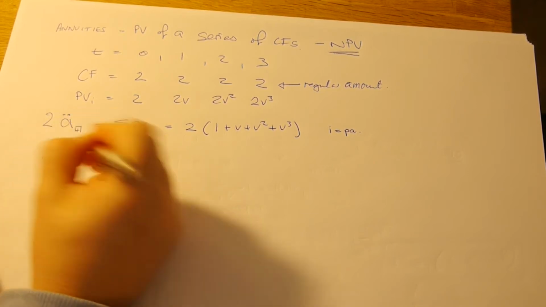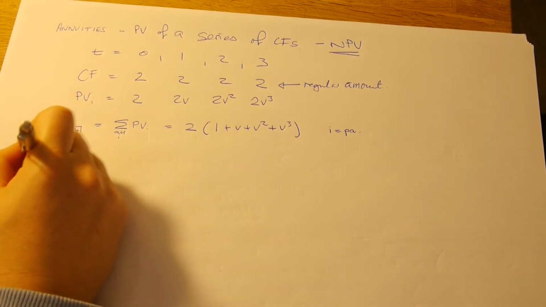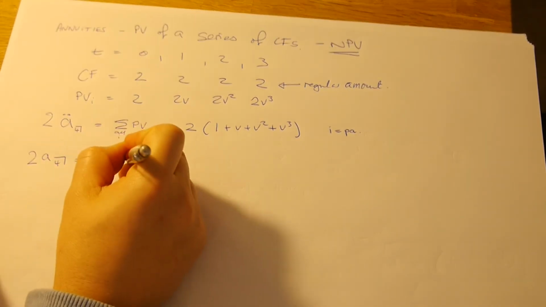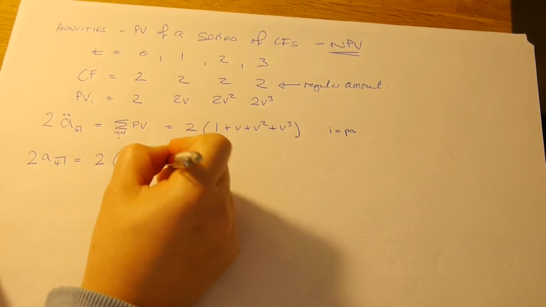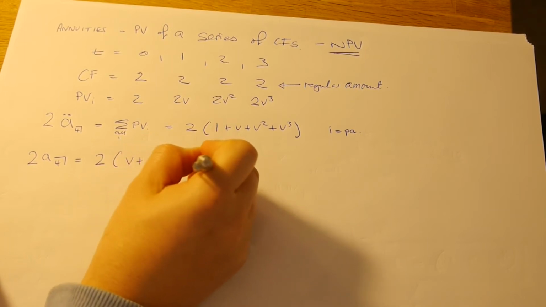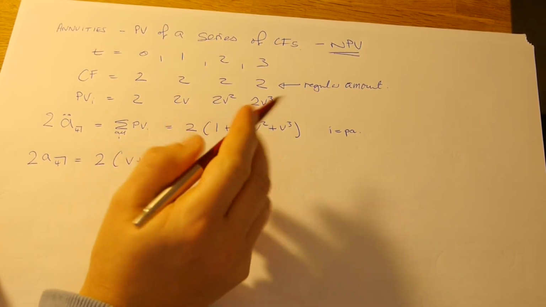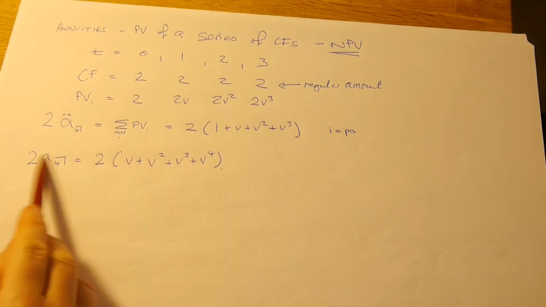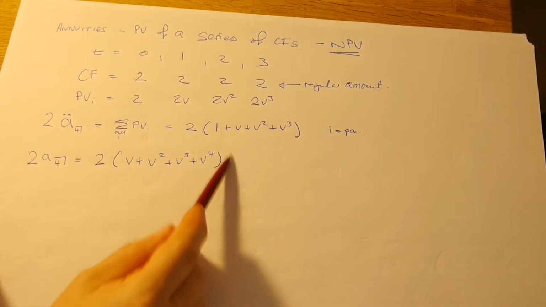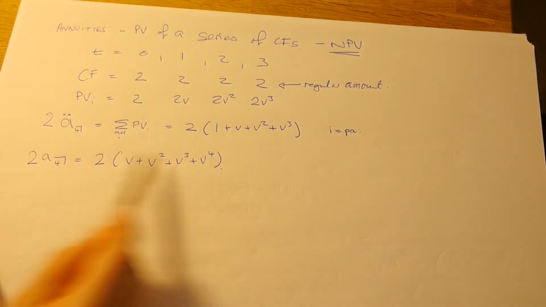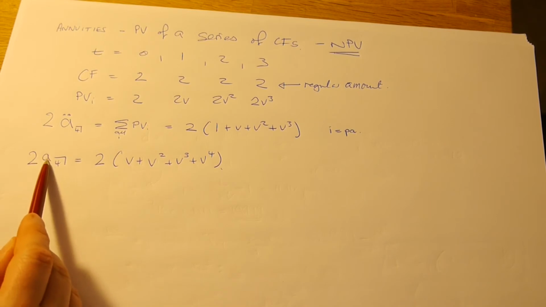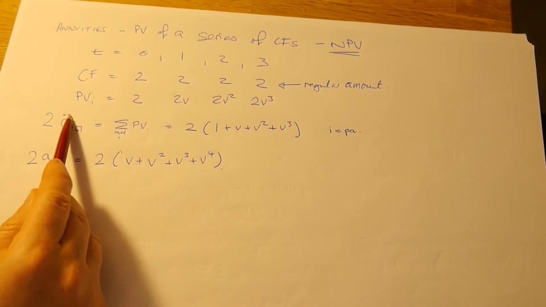If it was in arrear, it would be v plus v squared plus v cubed plus v to the 4. Obviously that would be a different series of cash flows. This is just to show the difference between the arrear and the advance.